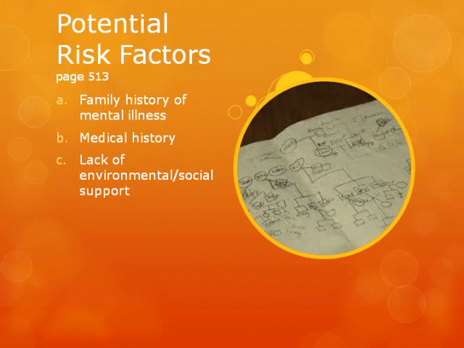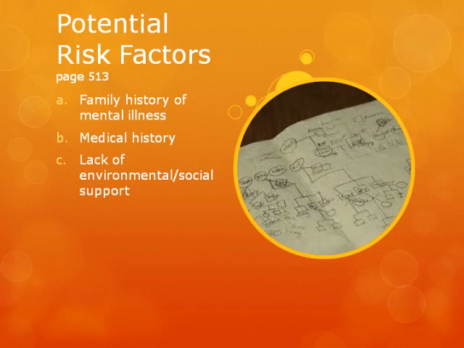As we move on to the very bottom of that page, Kaplan talks about some of the risk factors that we can identify in the assessment stage. Certainly a very profound risk factor for mental illness is a family history of mental illness, because we know many of the illnesses we've looked at this term have a strong heritable component or familial pattern.